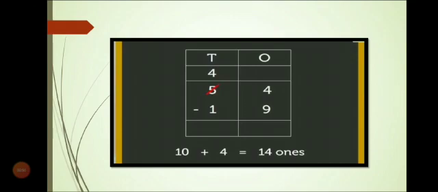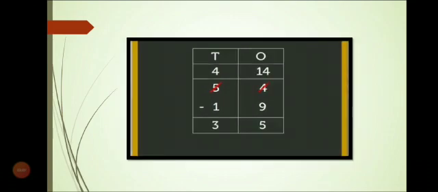Write 4 in the tens column and add 10 plus 4 to get 14 ones. Now, we write 14 in the ones column. Subtract 14 minus 9 to get 5 ones and write 5 in the ones column.